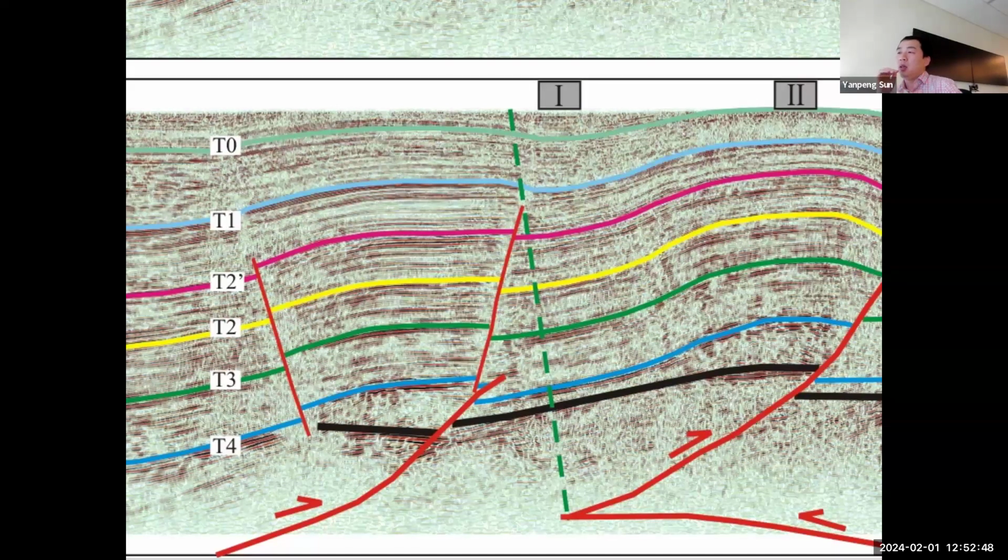Some of the high angle faults on the shallower side are based on observation from the seismic. I only showed some regional lines, but when we interpret the structure here, we did get more dense 2D lines across the structure to help us constrain the fault geometry.